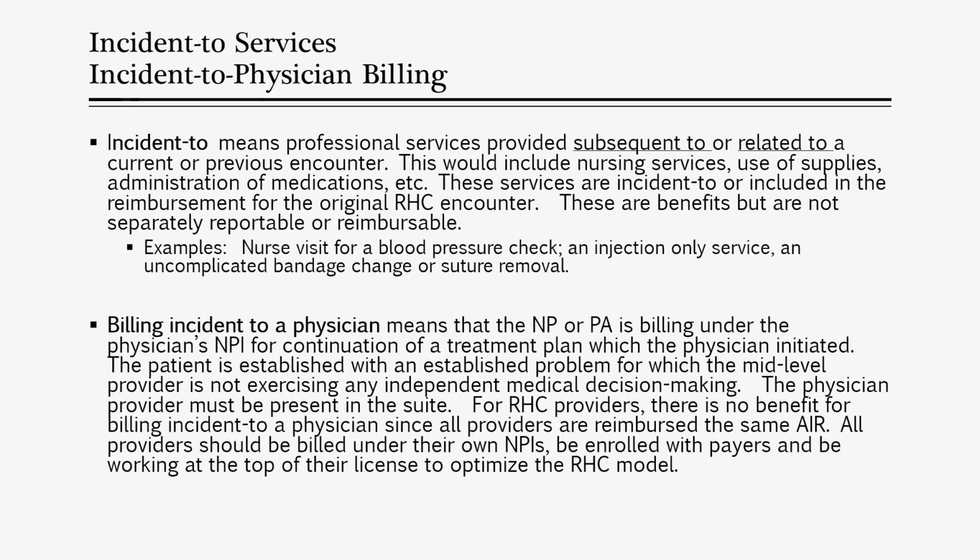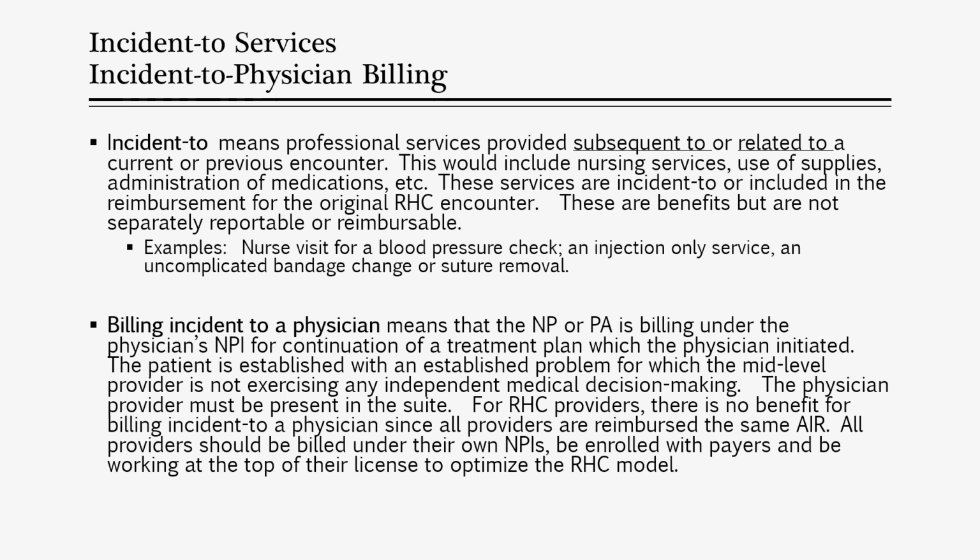So these services are all reported on our UB claims. We do not get separate reimbursement for any of them. So examples would be a blood pressure check, an injection-only service, an uncomplicated bandage change, or a suture removal. So something that a nurse is able to do, they're doing it as part of the extended service of the RHC provider, but we know that we don't have a billable encounter when we don't have a qualified RHC provider.